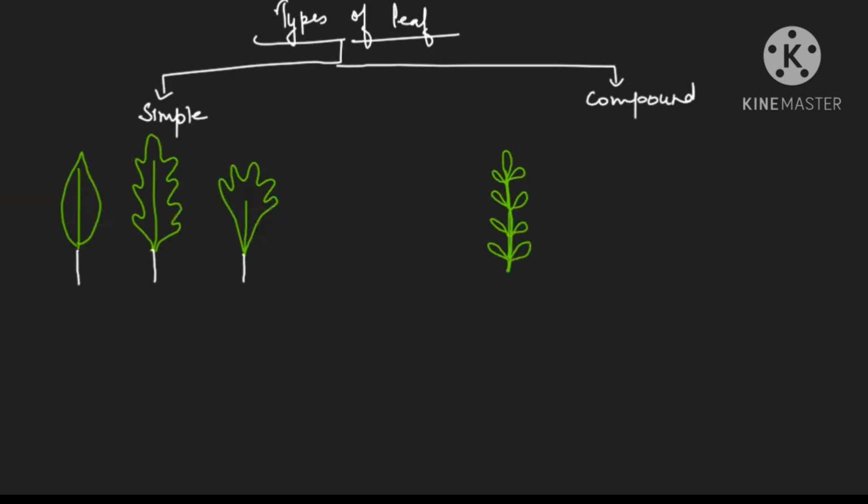Now, which type of compound leaf? It all depends. If you see here, the incision has reached to the midrib, so this is known as pinnately compound leaf. Let me write it here. So compound leaf is of two types. One is pinnately compound, and see the second one.